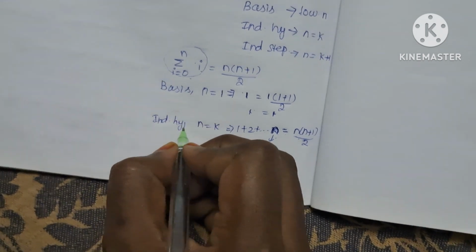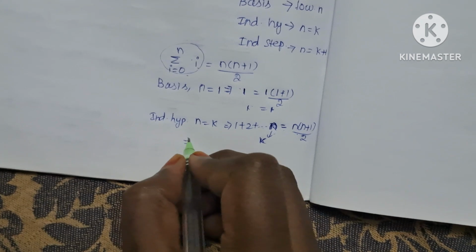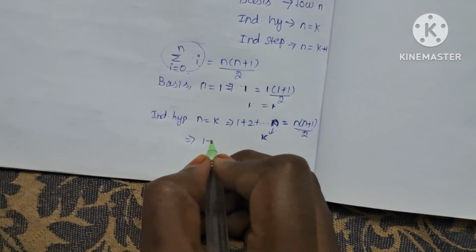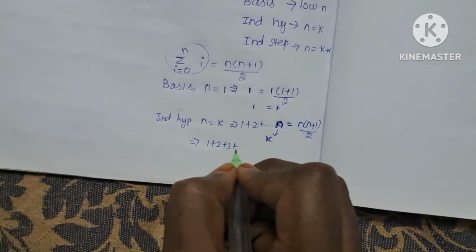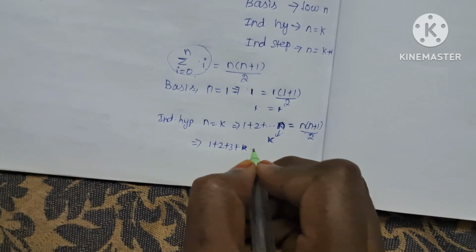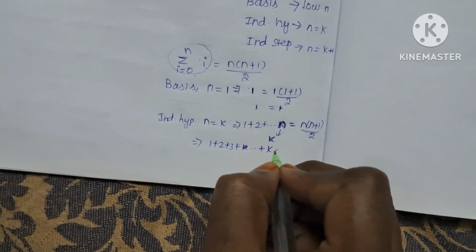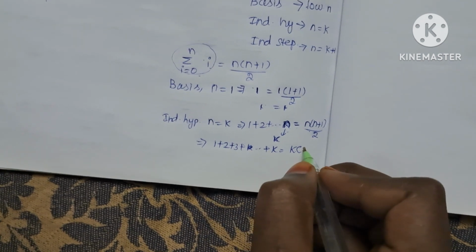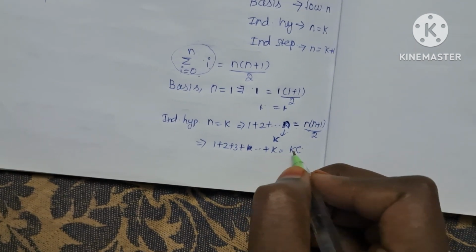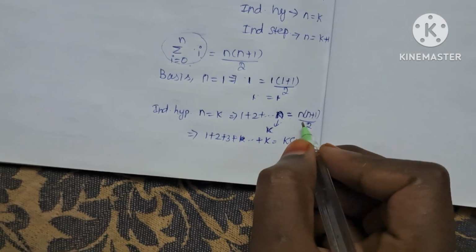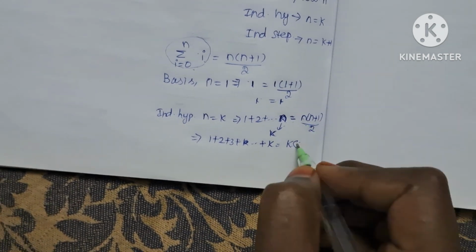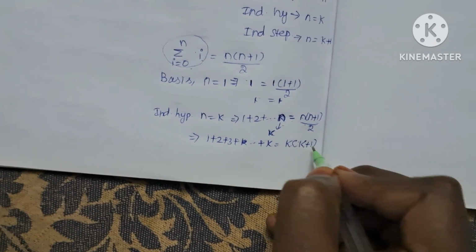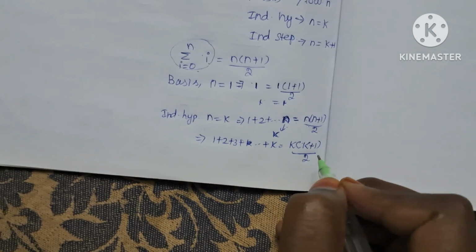In inductive hypothesis, so k into k plus 1 by 2, substituting n to k.